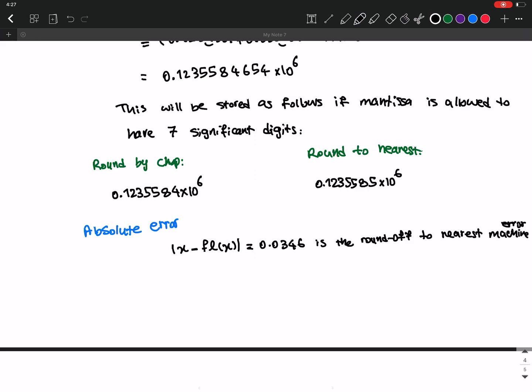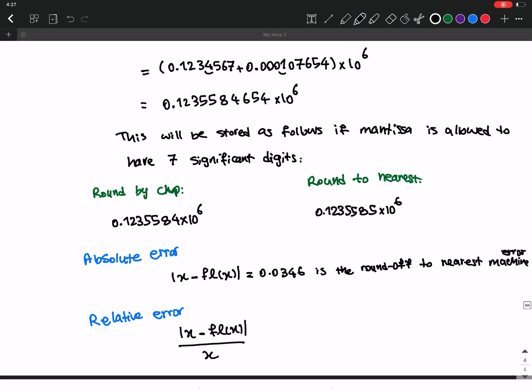Okay. And then the other thing we have is relative error. We can define. So the relative error is defined as x, the number, minus floating x over the number itself, x.